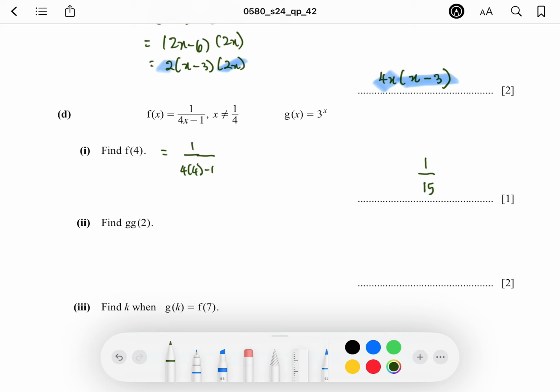What do you get as a decimal? What do you write down? 0.0667. That's fine. 3 significant figures.